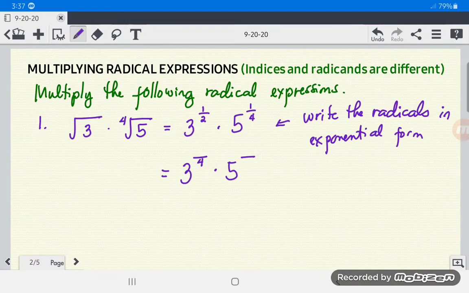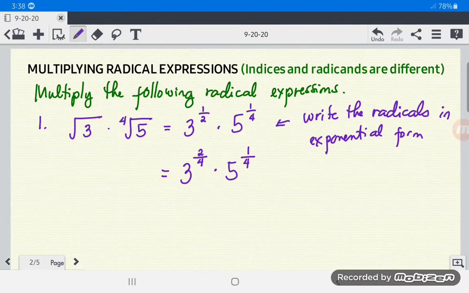To find the LCD, sometimes it is easy to choose a number that can be divided by 2 and 4, and in some cases you just multiply the denominators, like 3 times 4, so the LCD is 12. But here, the LCD is 4. So we have 4 divided by 2, that is 2, times 1, we have 2. Then, for the second one, 4 divided by 4, we have 1, times 1, we have 1.